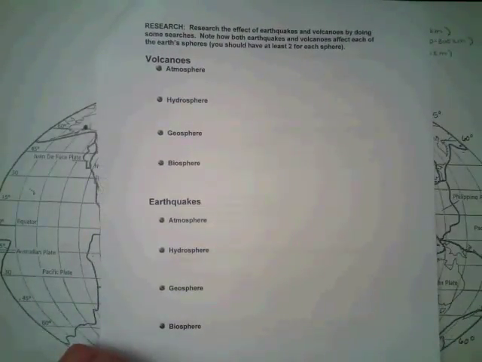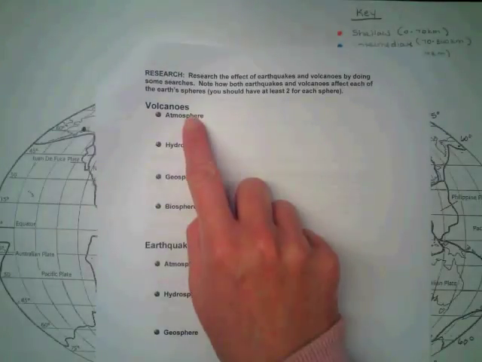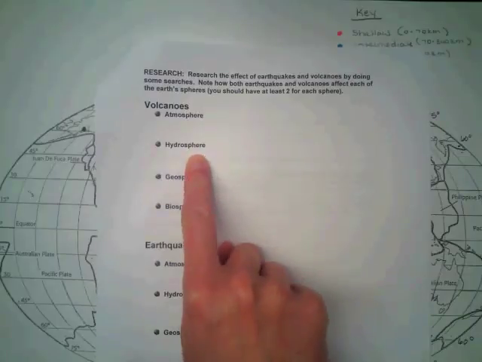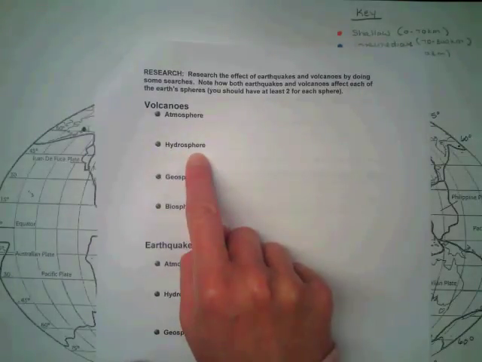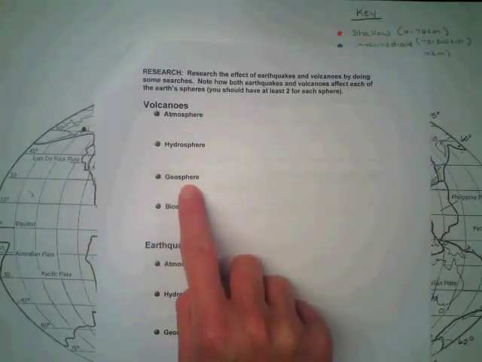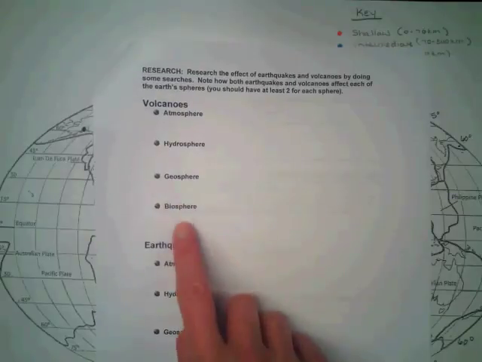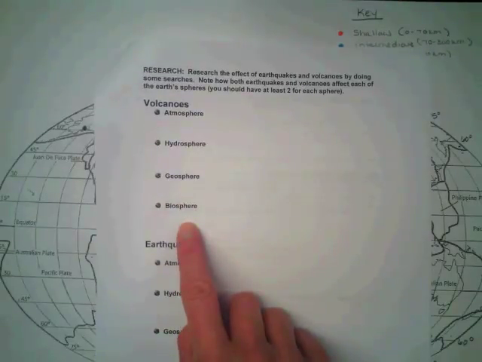And then lastly, you're going to do some research. So for your research, you're going to research the effect that earthquakes and volcanoes have on each one of Earth's spheres. So we have the atmosphere, which includes the air, the hydrosphere, which is bodies of water, the geosphere, which is land, and then the biosphere, which is living organisms.